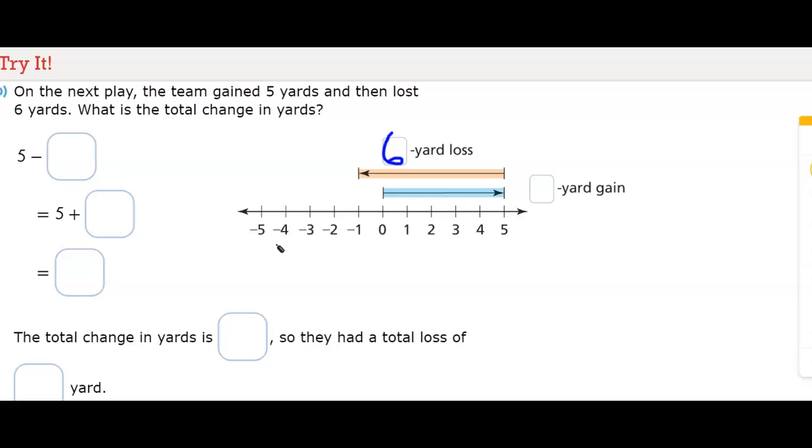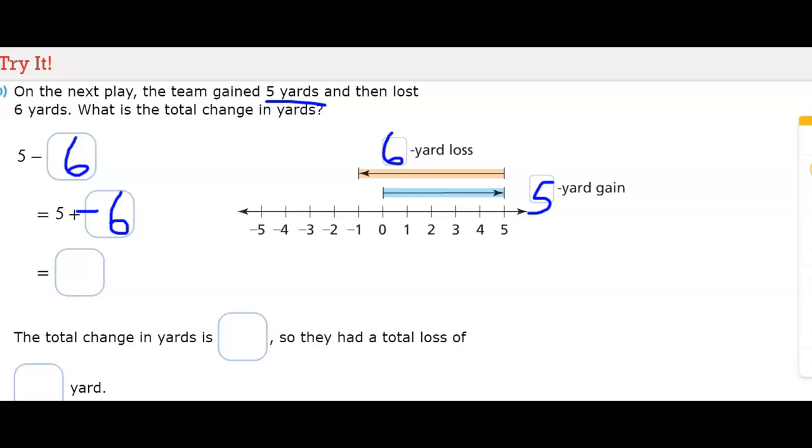So they gained here 5 yards. That's 5 right from the problem. Then it says 5 minus 6 yards. But then we have to add the 2 yards together. And that losing 6 yards will end up being a -6.